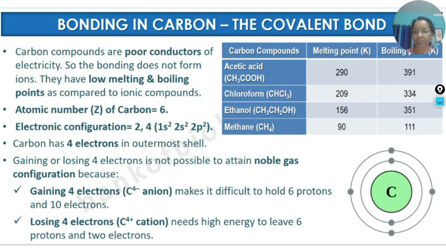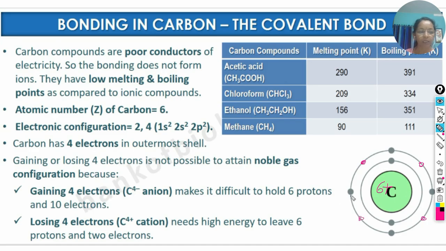Okay, it has 6 protons, that means 6 positive charges are there in the nucleus of carbon. Okay, this is the condition. And if it gains 4 more, you can draw one here, one more here, one more here, and the other here. This is the condition. So 6 protons holding on to 10 electrons is going to be very difficult.